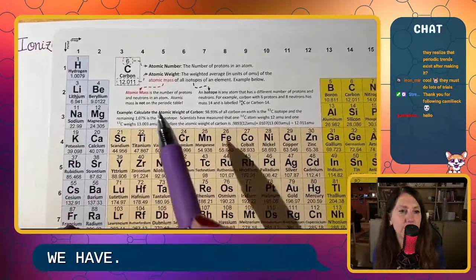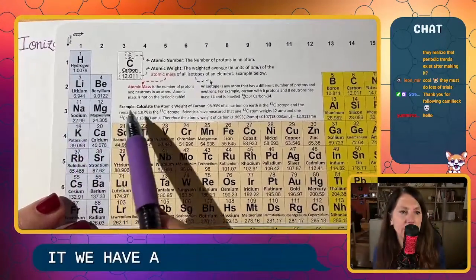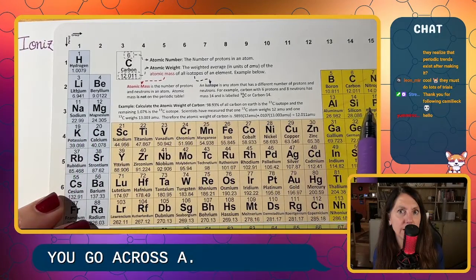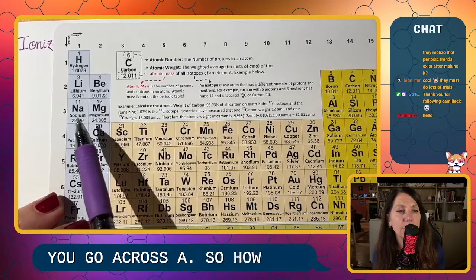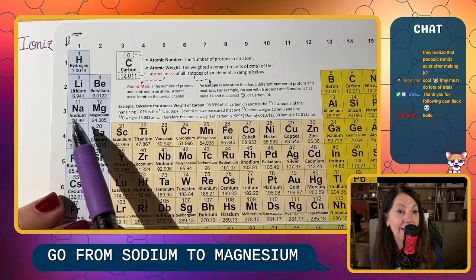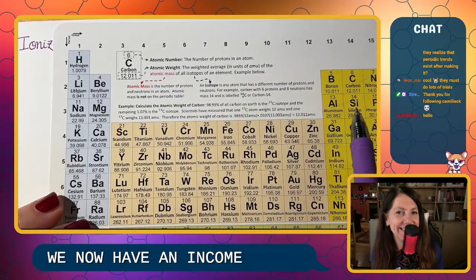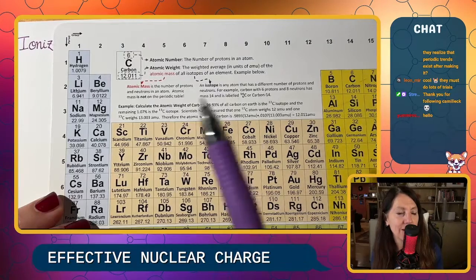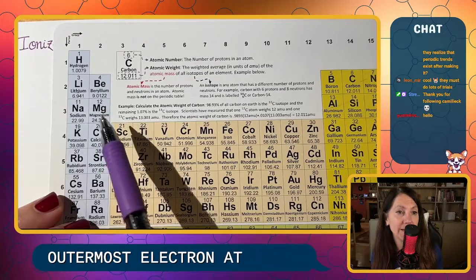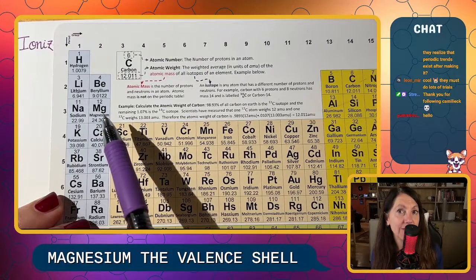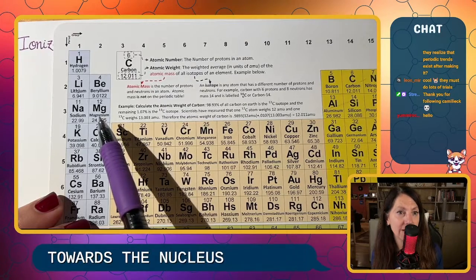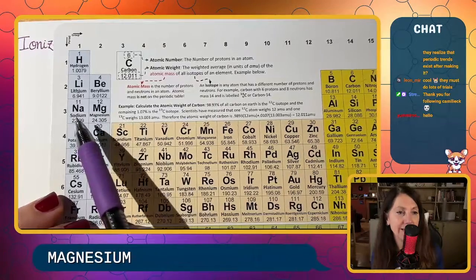What we have learned so far is that we have a trend of effective nuclear charge as you go across a period, right? So as we go from sodium to magnesium, we now have an increase of effective nuclear charge, or in other words, that outermost electron in magnesium, the valence shell, is feeling a stronger pull towards the nucleus in magnesium than it is for sodium.